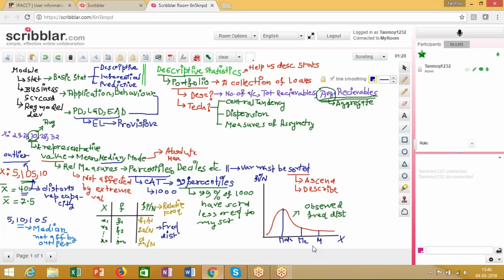Now, basis whether the mean, median, and mode are very close to each other and more or less equal, or whether they are different from each other, we can define whether a distribution is a symmetric distribution or an asymmetric distribution.